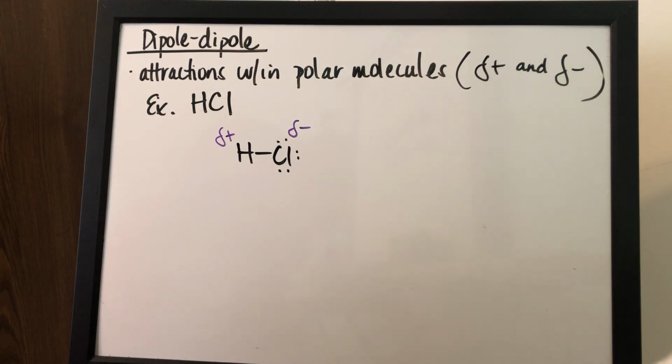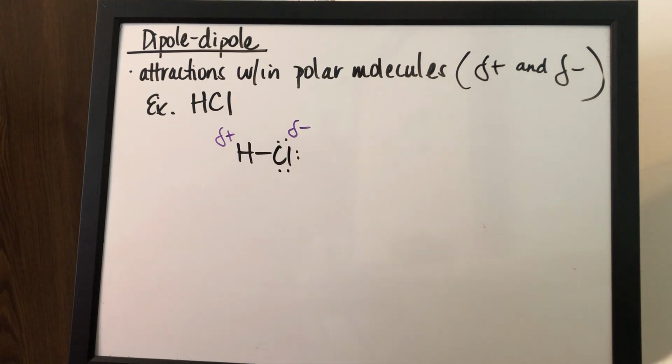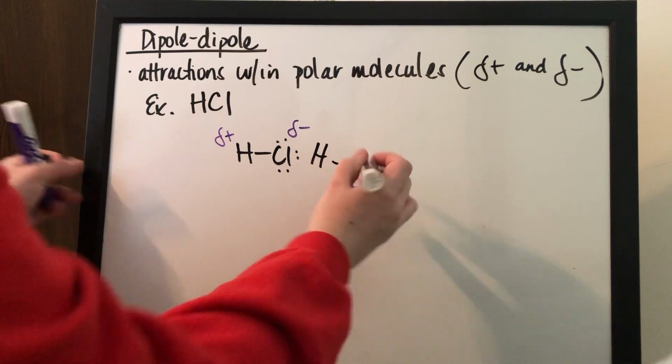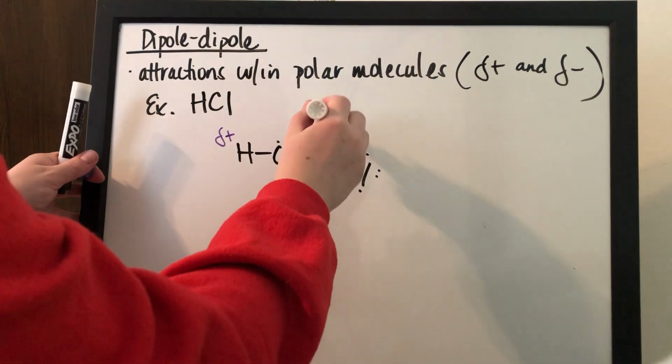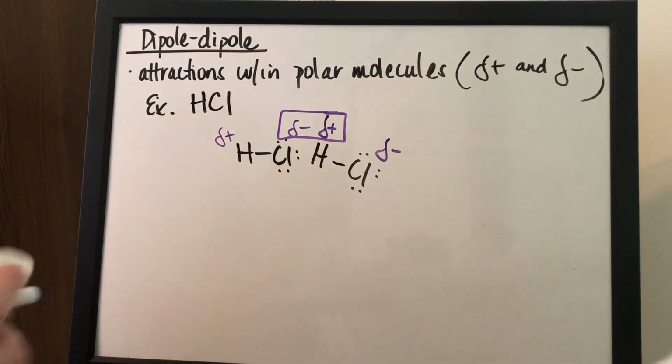So then if I were to introduce another HCl molecule, you have to think about how it would arrange itself. And of course, next to your partial negative, your partial positive would want to scoot in and be very close, because that's a huge force of attraction. So your second HCl would come in like this, okay, because this is your partial positive, and this is your partial negative, and here is this attraction between molecules, and it's a partial negative, partial positive attraction, and that is referred to as a dipole-dipole intermolecular force.